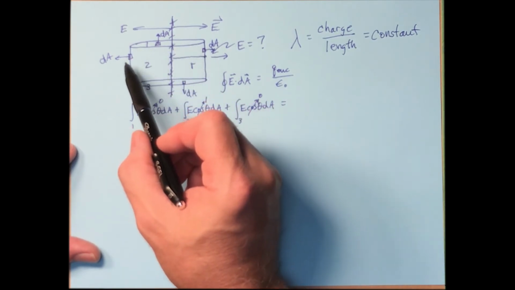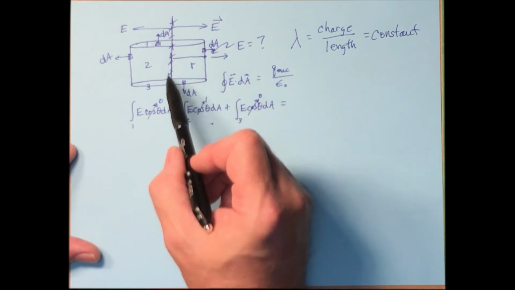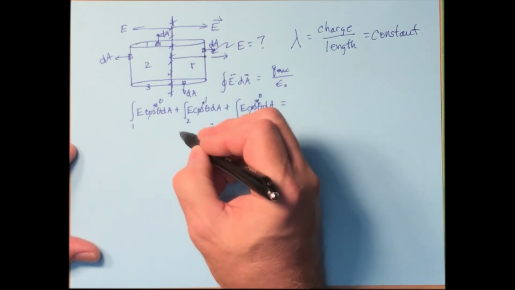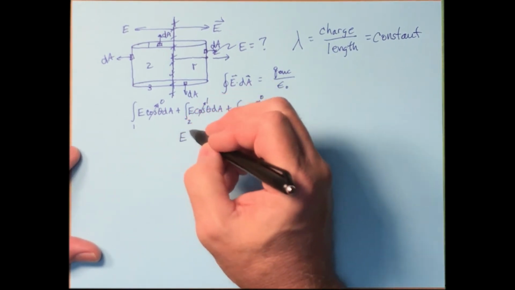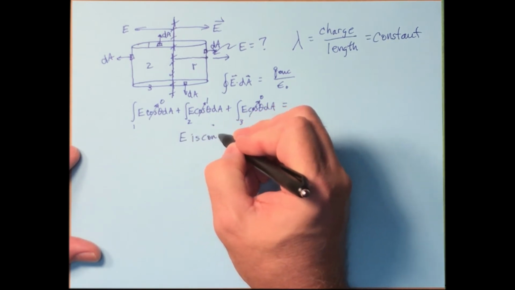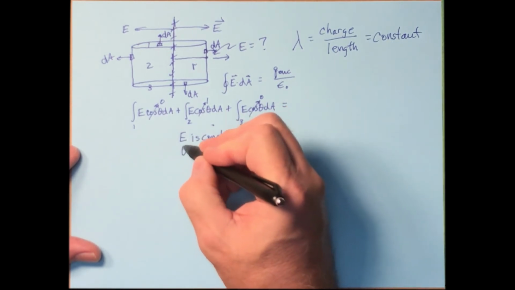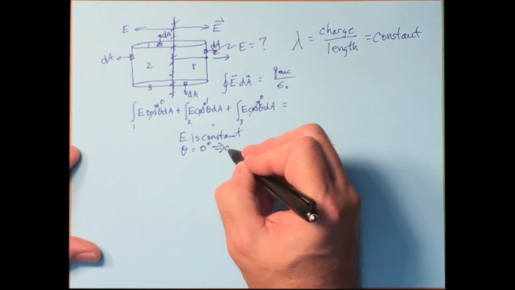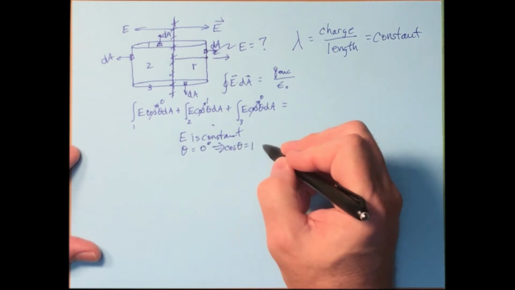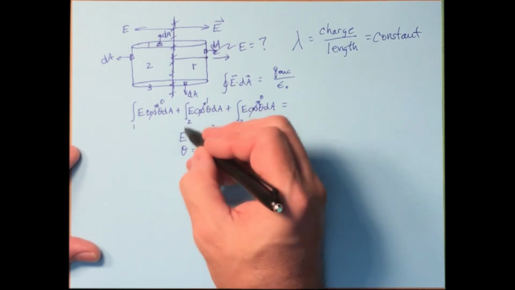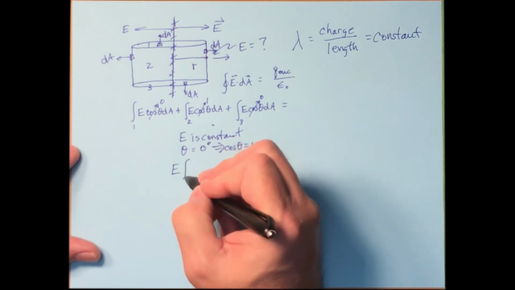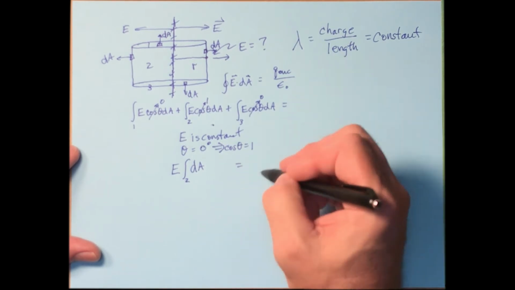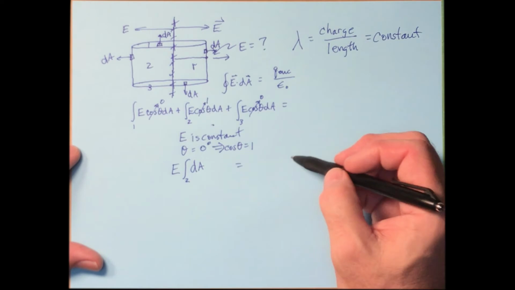Because the surface is the same distance away from the center line regardless of where you're at. So the electric field is going to be constant. We can factor out E because E is constant and theta is 0 degrees. That implies that cosine theta is 1 everywhere. So our integral becomes this: E, the integral over area 2, dA equals all of this, whatever it is on the right-hand side, which we haven't gotten to yet.